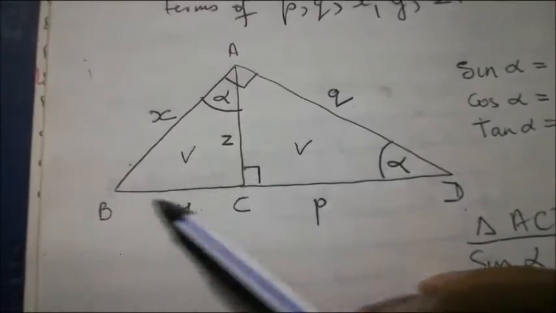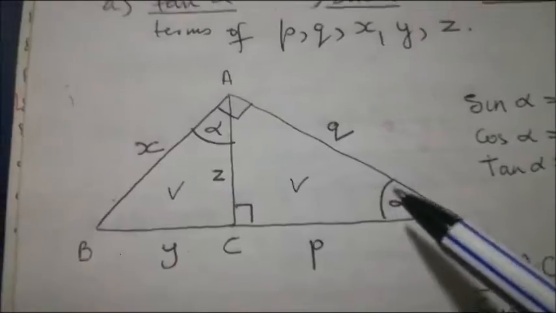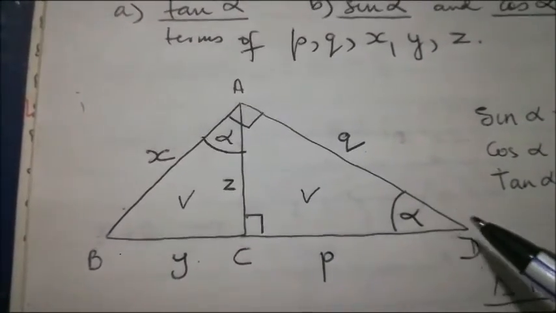I want you to see the logic, you know. Y plus p is the length of this entire thing, and this is the opposite. For cosine now, it's going to be adjacent over hypotenuse. It's going to be q over y plus p.